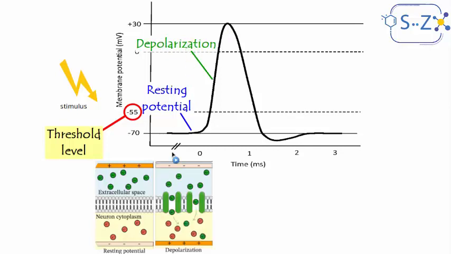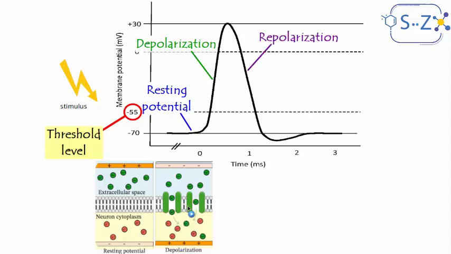During this phase, the Na plus voltage gated channels open, and Na plus ions flow rapidly inside the cell, and the cell becomes negatively charged on the outside, positively charged on the inside. Now, of course, we're talking about the neuron, the nerve cell.